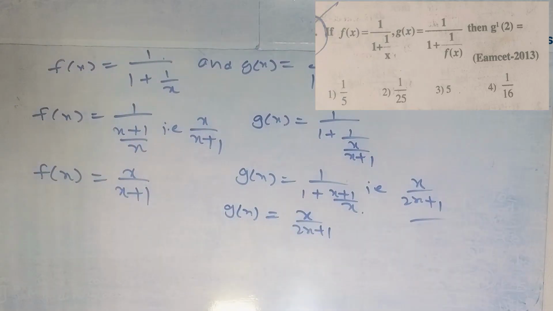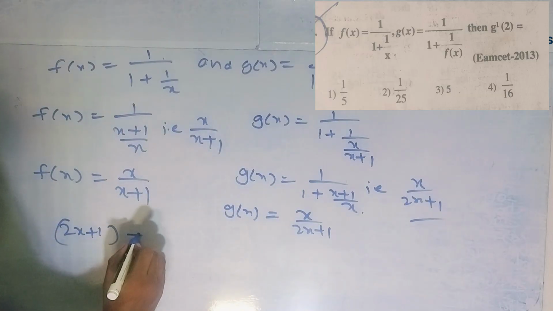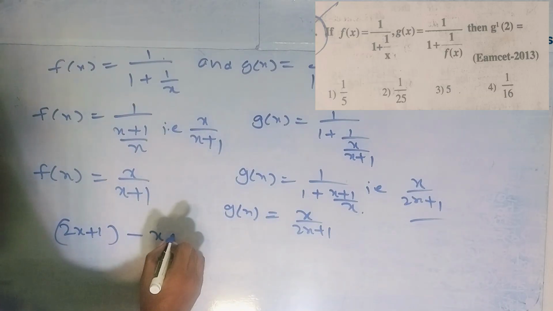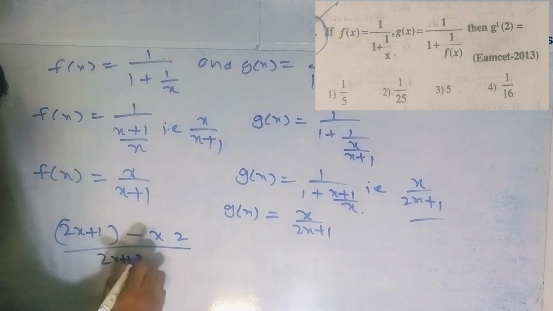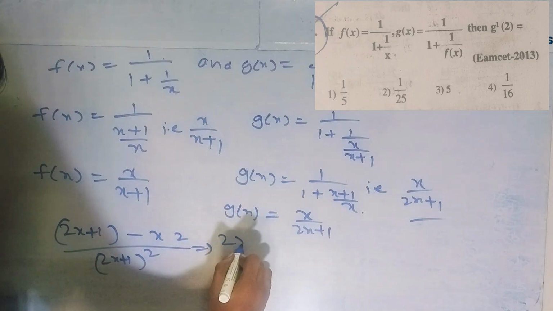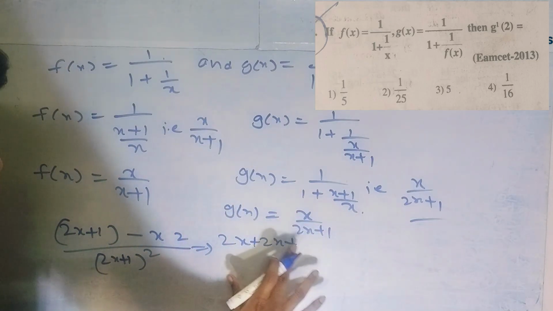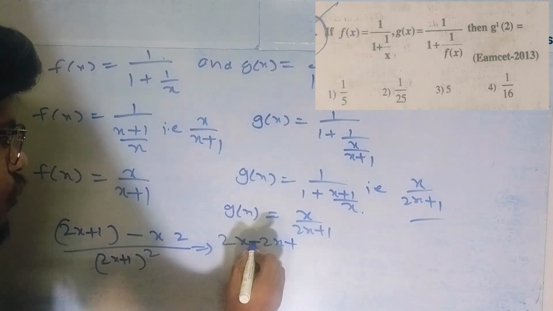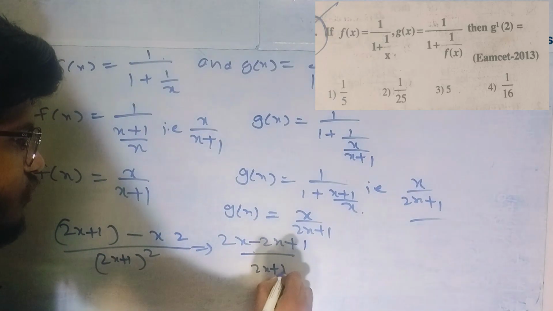Now we find the differentiation of this function. Differentiation of x is 1, minus x times the differentiation of 2x plus 1, which is 2, divided by 2x plus 1 whole square. That equals 2x plus 1 minus 2x by 2x plus 1 whole square.